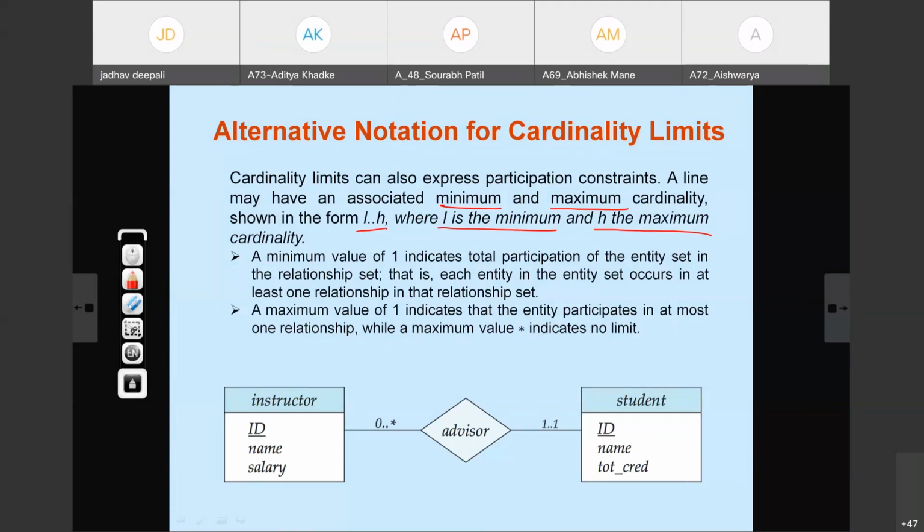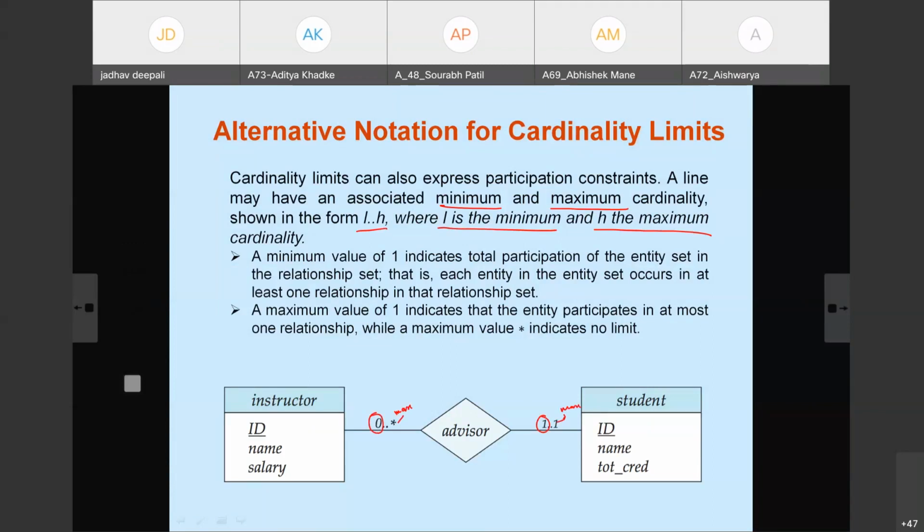So in this case, this is minimum cardinality and this is maximum cardinality.